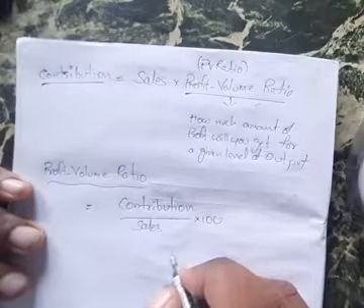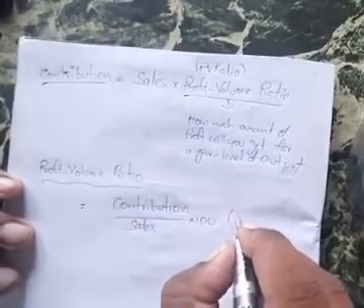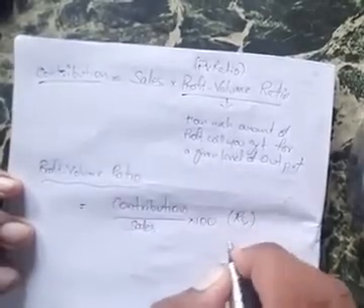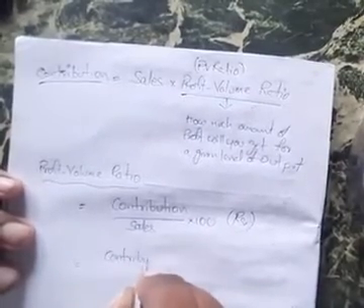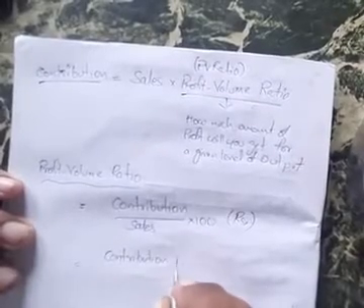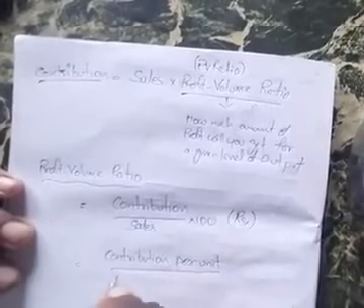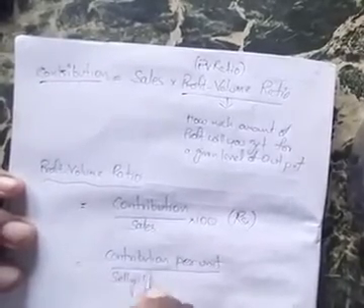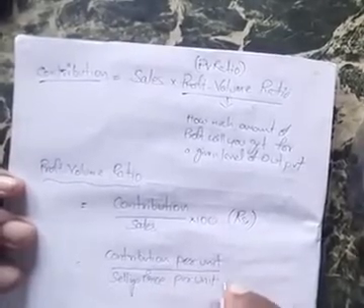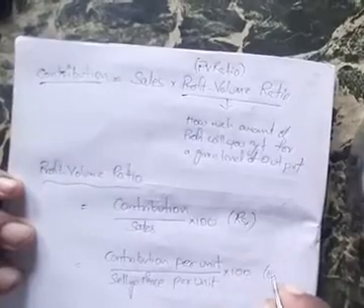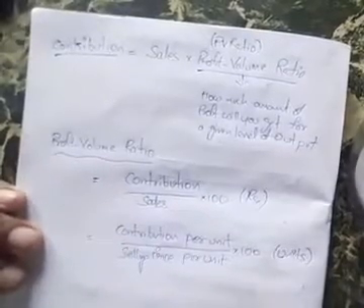If the PV ratio is for rupee amount, there is another formula: contribution per unit divided by selling price per unit into 100. This formula is for units or volumes.